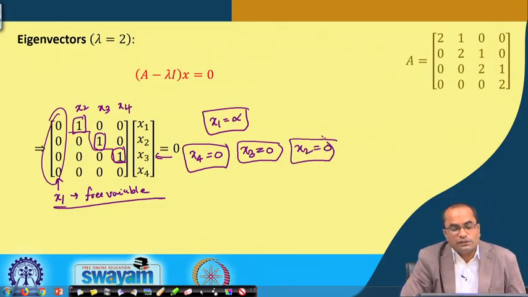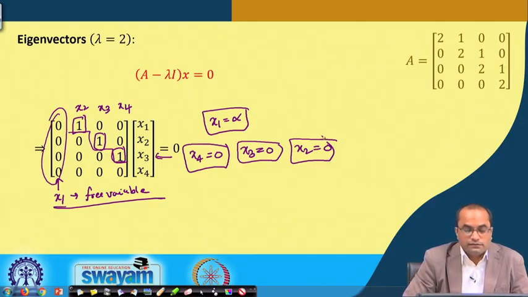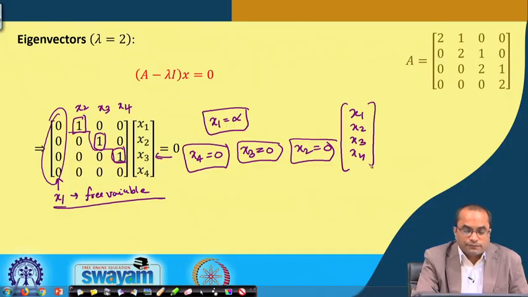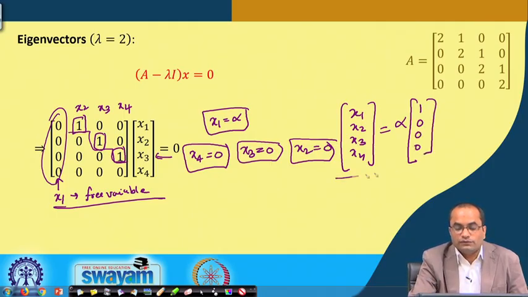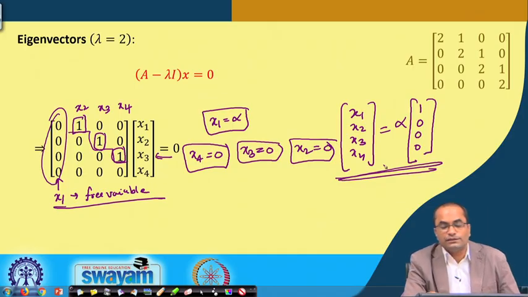So, that is the solution here. x 1 we can choose as any value alpha, and if we write down the solution x 1, x 2, x 3 and x 4, in terms of alpha, only the first component has alpha, all others are 0. This is the solution of this system of equations.